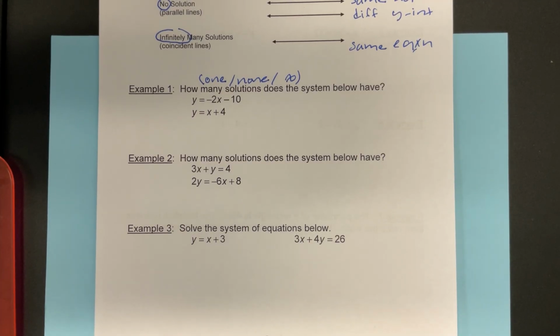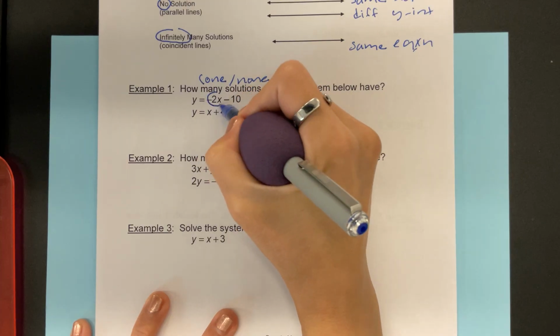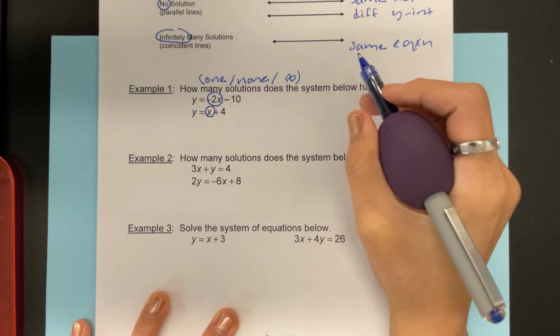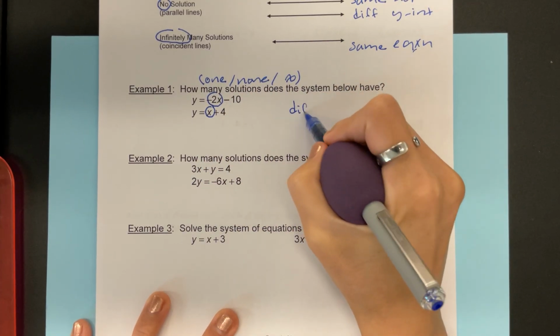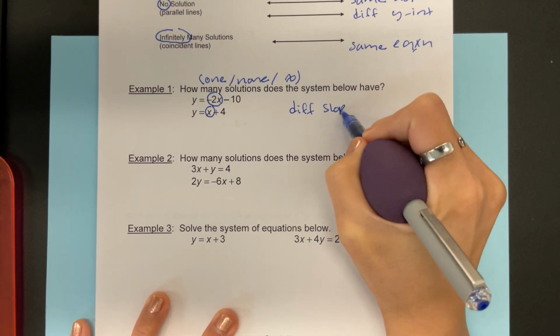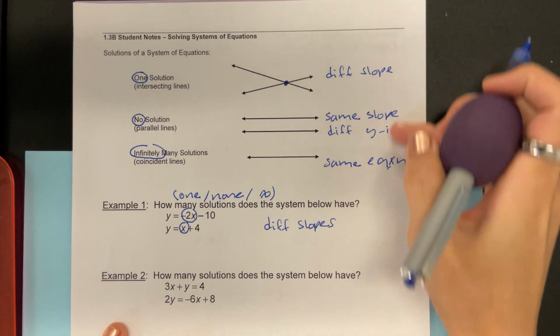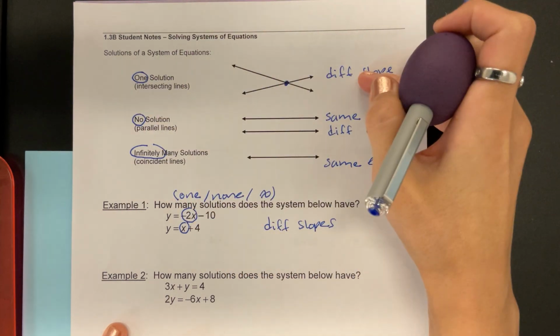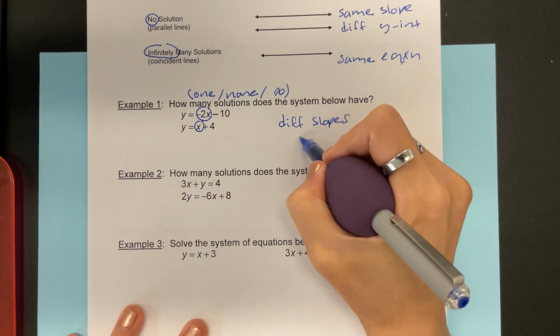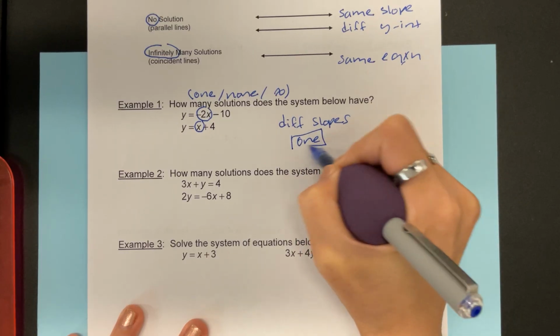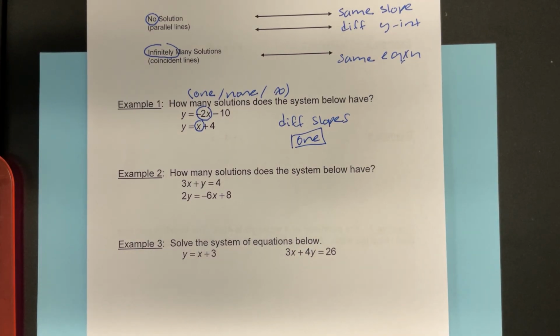So let's see what's happening here. Do I have the same slope? So we have different slopes. So let's look at our condition on the top. If I have a different slope, we have how many solutions? One. That's it. That's all you need to do. You're not solving for it yet. Y'all good with that? Okay.